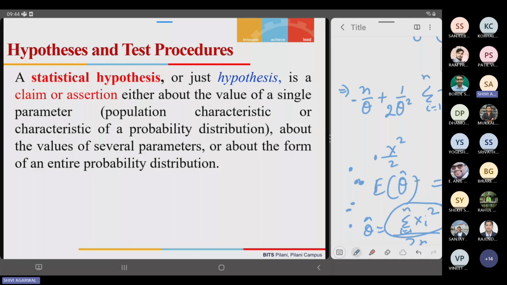A statistical hypothesis, or just a hypothesis, is a claim or assertion either about the value of a single parameter, about the values of several parameters, or about the form of an entire probability distribution. So we are claiming something and giving proper evidence by using the sample distribution that our claim is okay. We can either accept that claim or not accept the claim.